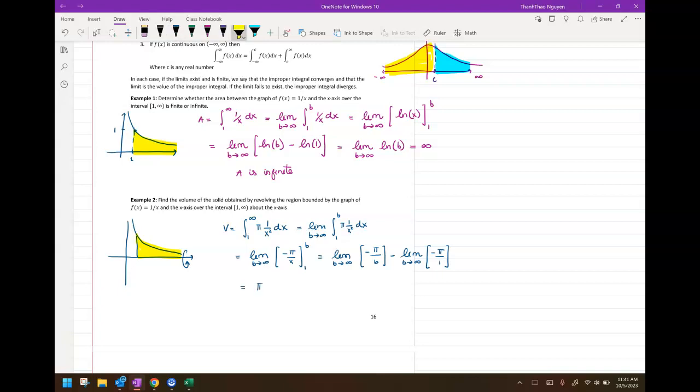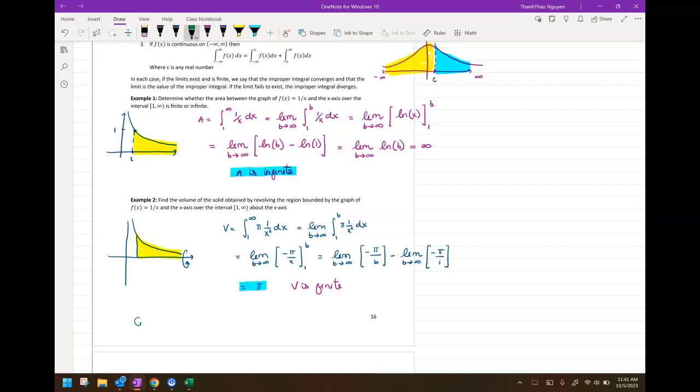Here's the interesting thing: the area between the curve is infinite, but the volume is finite. This solid generated by 1 over x is called a Gabriel's horn.